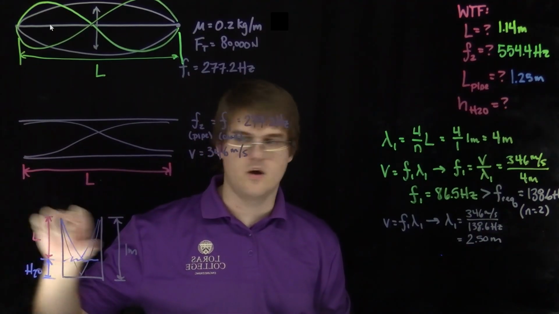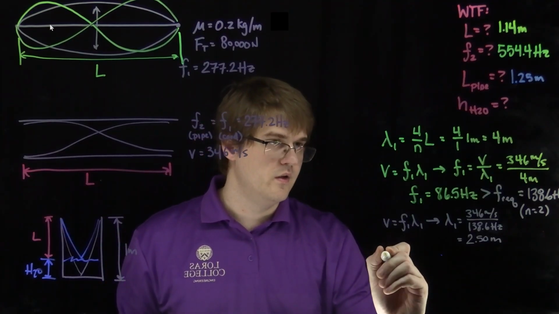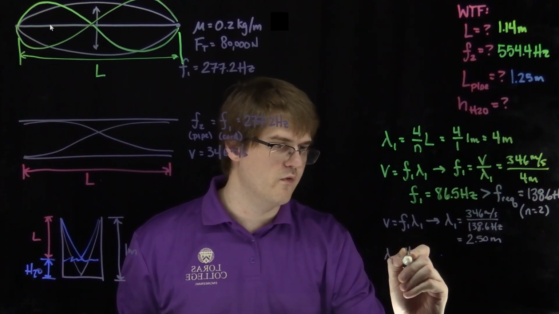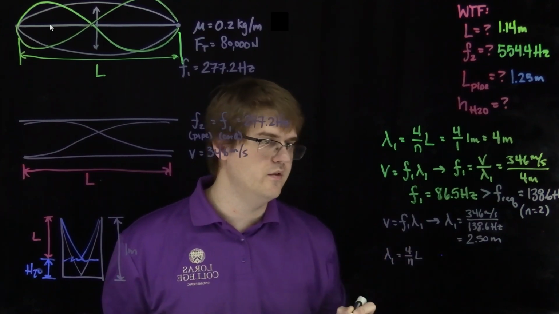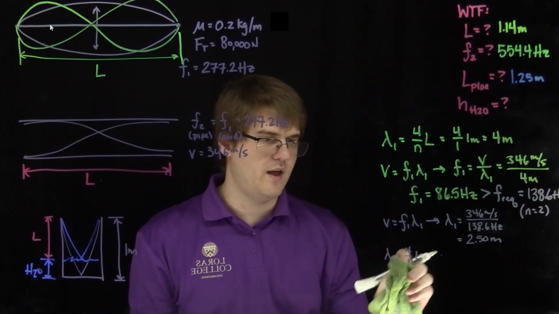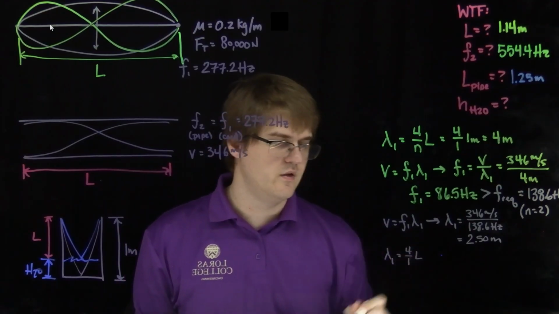Okay, don't worry yet, 2.5 meters is the length of one wavelength. We only need a quarter wavelength based off of this. So my wavelength is going to be equal to 4 over n times L. And this is my first harmonic. So that n I've already chosen as 1.